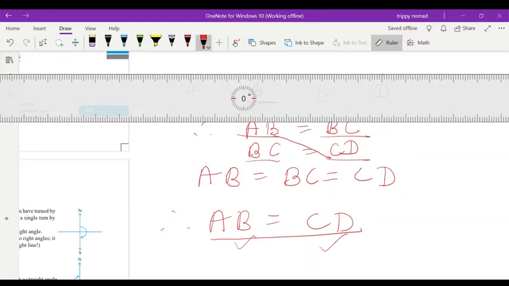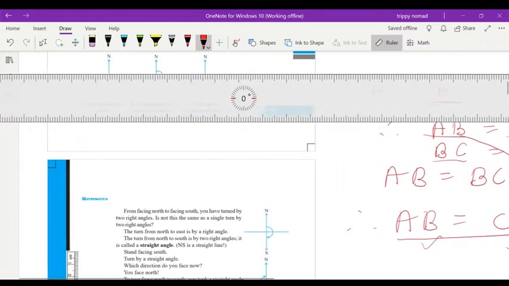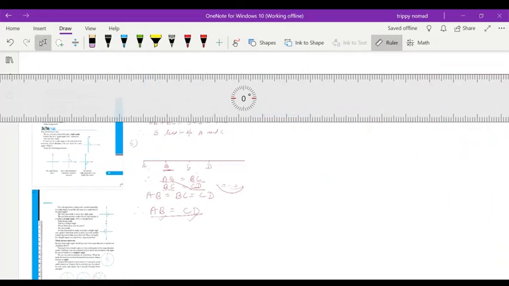This is the reason. If two things are equal to a third thing, then the first one is also equal to the third one and the second one is also equal to the third one. Understood, children?